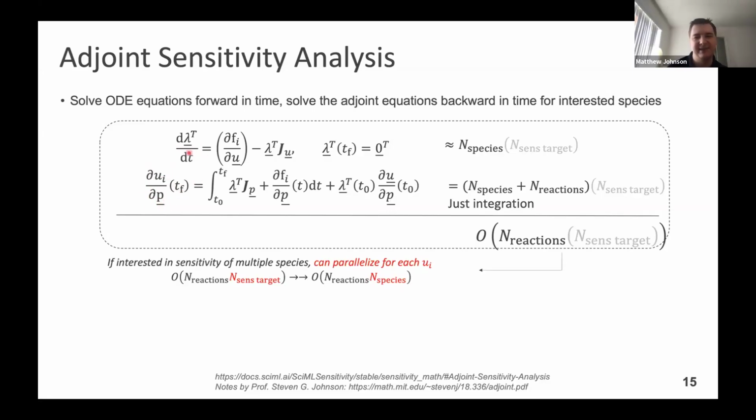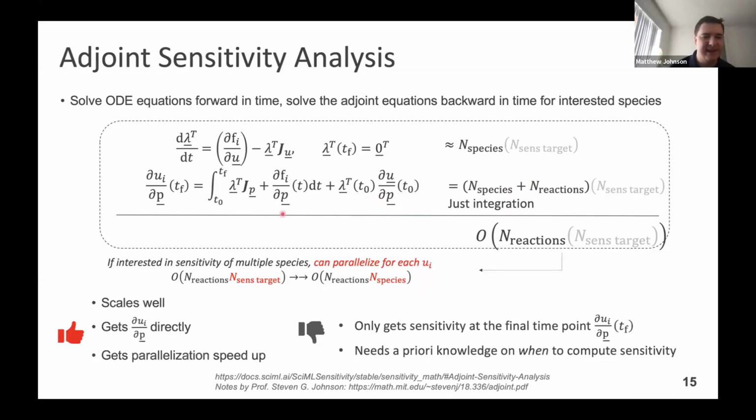And the adjoint equation for this individual target is just of length n species plus n reactions. So this allows us to get the dU_i/dP vector directly. We can also parallelize per target, so we're solving much smaller equations, and we're only solving for the stuff that we care about. Each of these targets can be done in parallel.